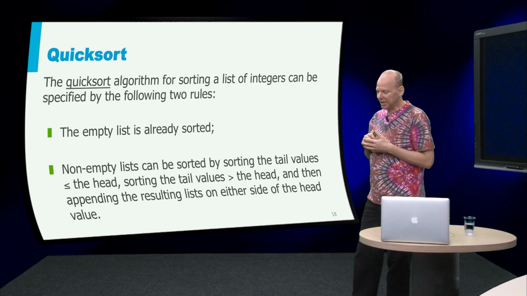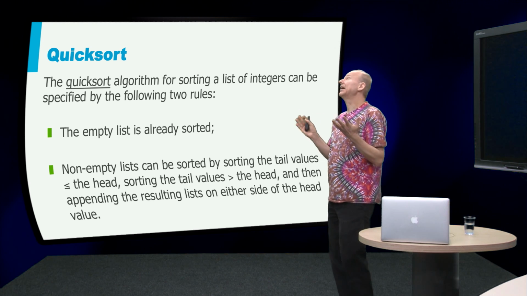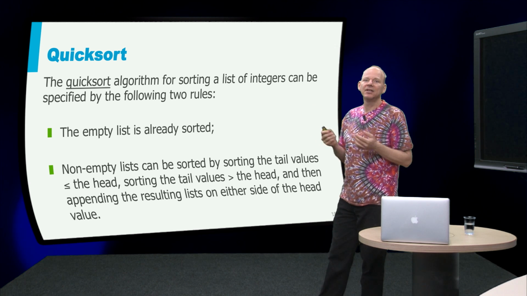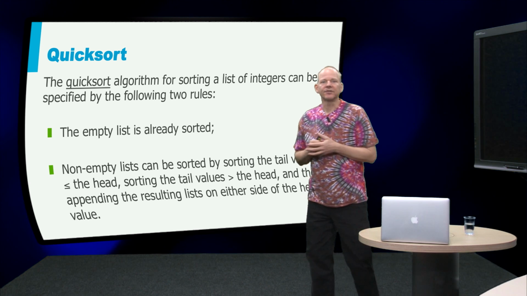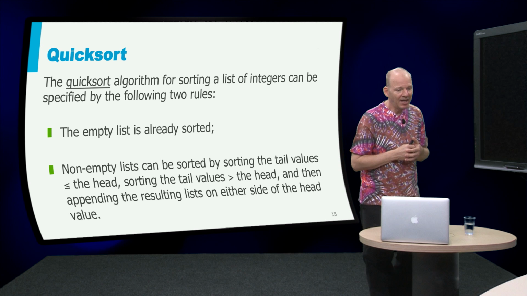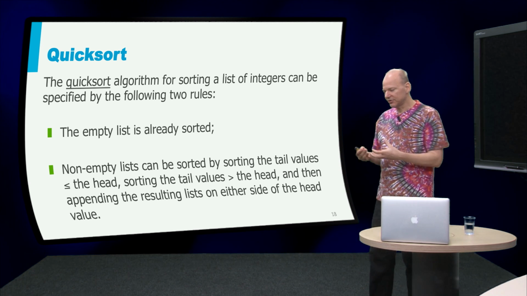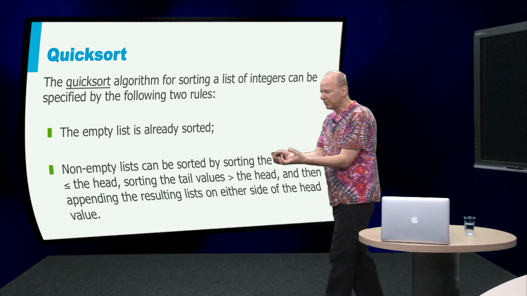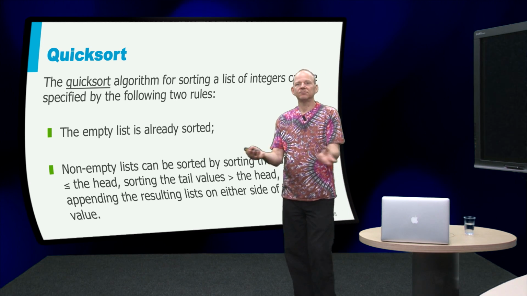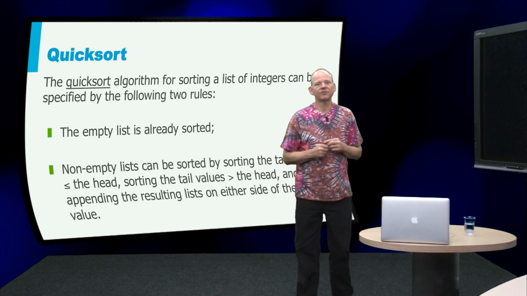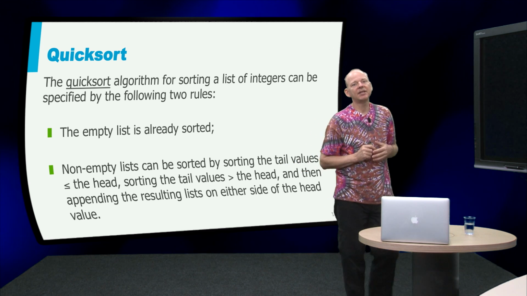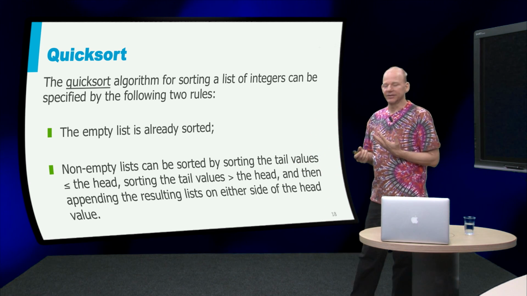If we think about that for a little bit, we can say, if I have the empty list, it's already sorted. And now how do we recurse, how do we break up that list into two parts that we can recursively sort and then easily combine the results to get a sorted list?